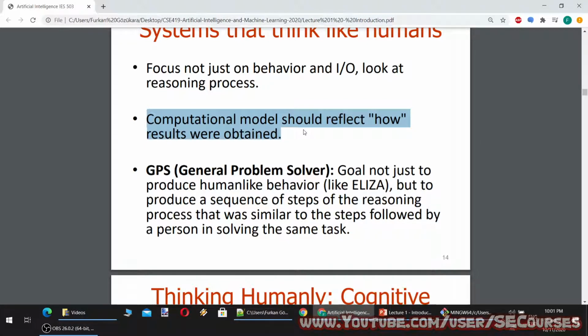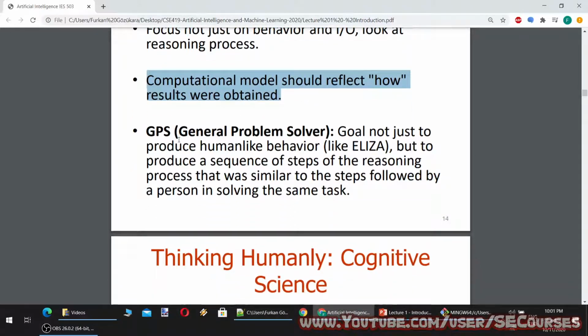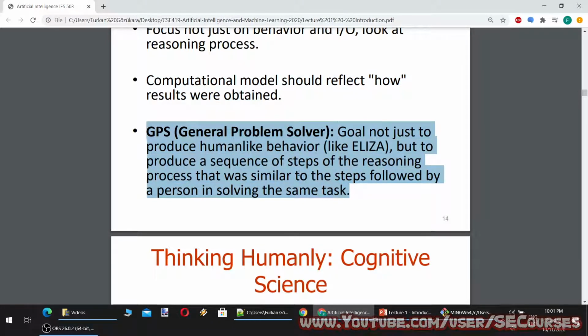The computational model should reflect how results were obtained. GPS, the General Problem Solver, had the goal not just to produce human-like behavior, like Eliza, but to produce a sequence of steps of the reasoning process similar to the steps followed by a person in solving the same task.